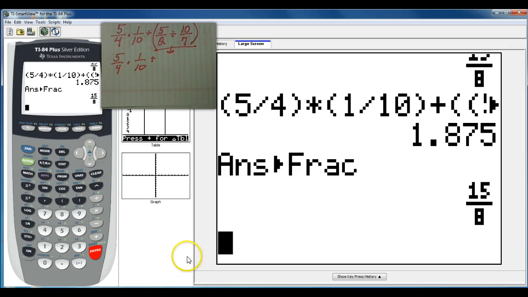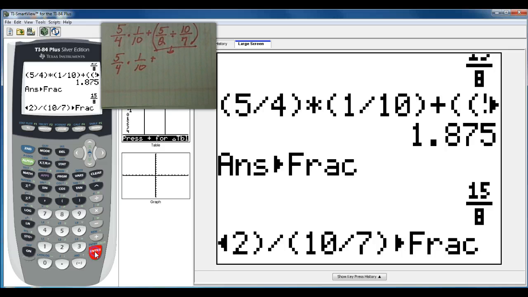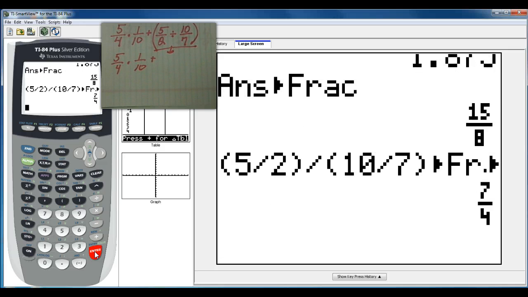For example, I'm going to do 5 over 2 divided by 10 over 7 first because that's in parentheses, and then I won't have to do the double parentheses. 5 over 2 divided by 10 over 7. I can save myself some time by just hitting math, enter, enter right now. And that's going to give me 7 over 4.